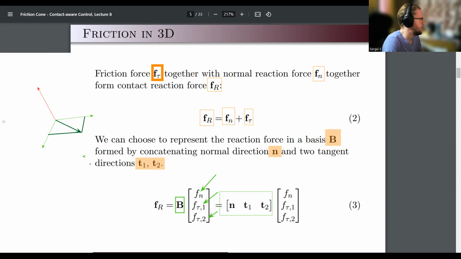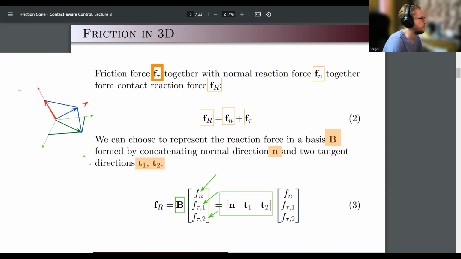All right, so if we have this normal reaction force, then the total force we could imagine would be something like this. Now this blue arrow will be the total reaction force.